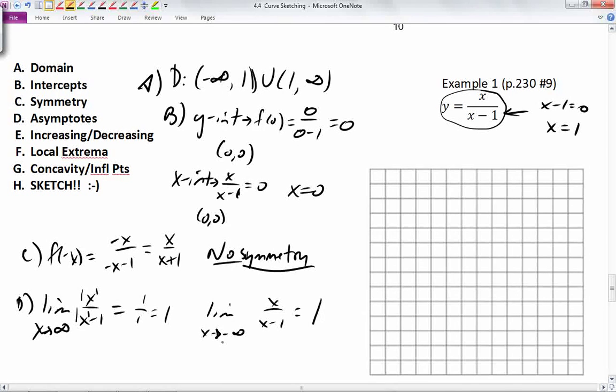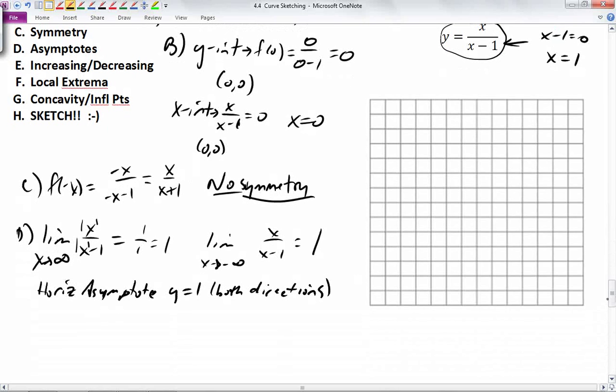So we see that we have a horizontal asymptote at y equals 1, in both directions, as x goes to positive infinity and as x goes to negative infinity.